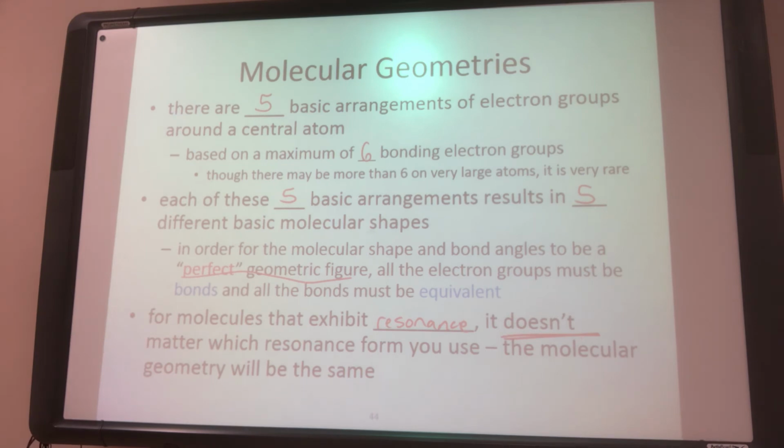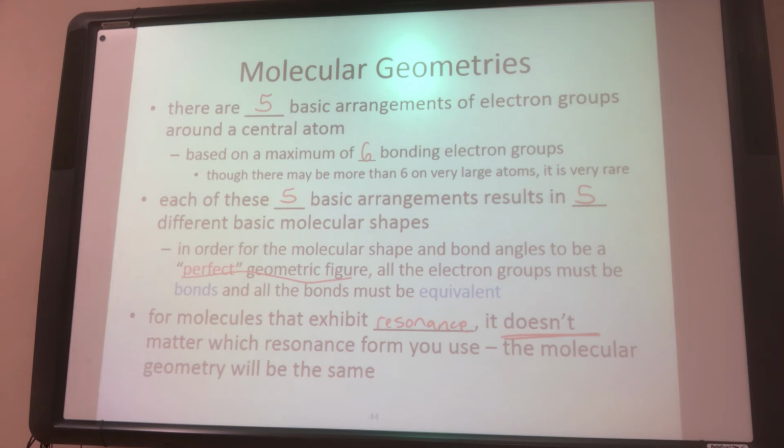So just pick the best one. If there's 3 equivalents of the best one, then just pick one of those. As long as you pick the best structure or one equivalent to it, just pick one and go with it. So if it has resonance, don't get stuck up on that.